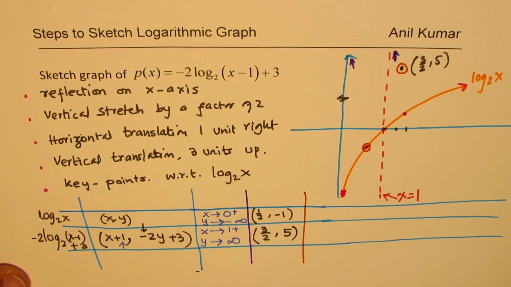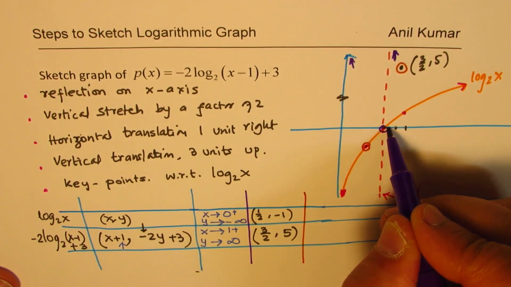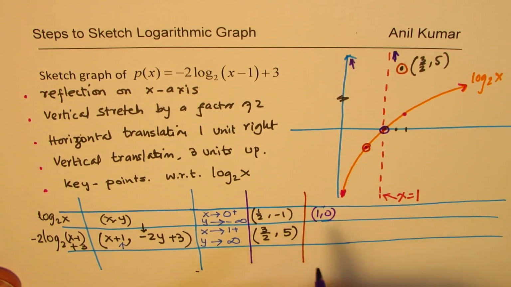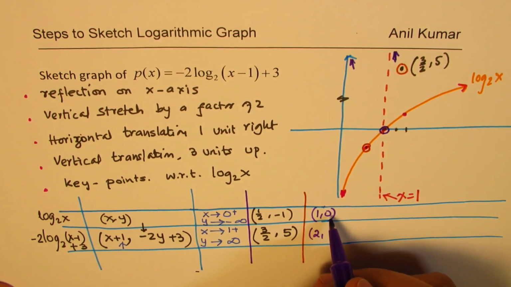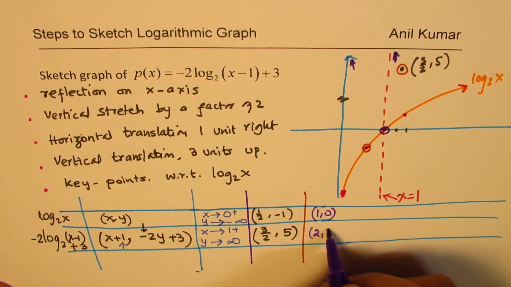The next point for us is this point, right? Now we are focusing on this, which is x equals 1, the value is 0. We have to add 1, so let's make it 2. And if I multiply anything to 0, it remains 0. However, we are translating 3 units up. So it changes to 3 units up.